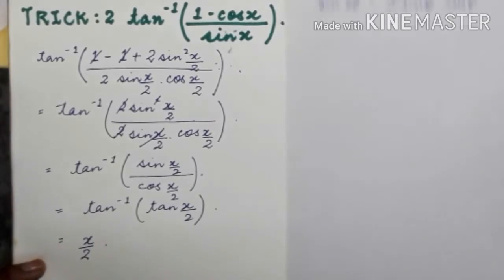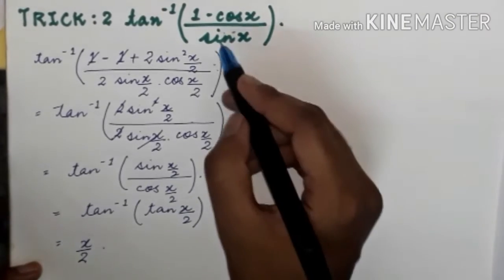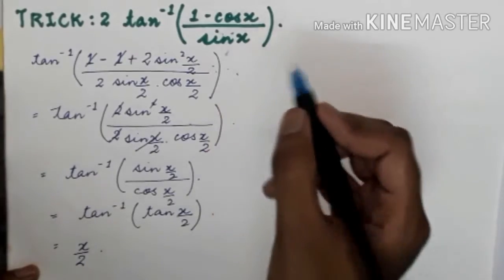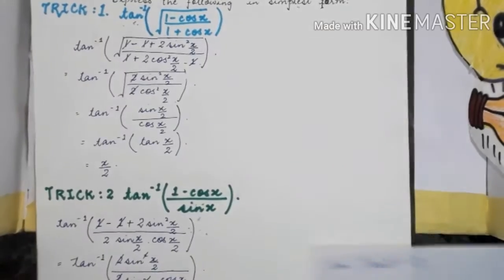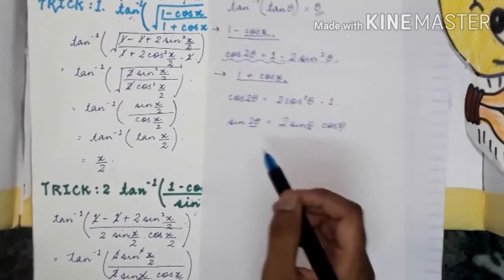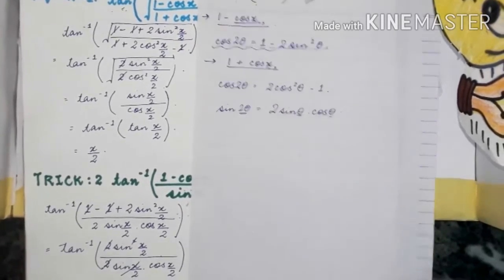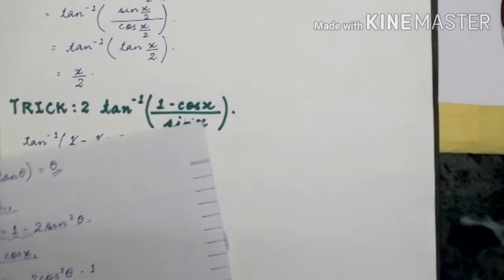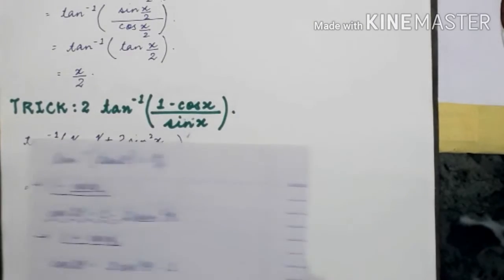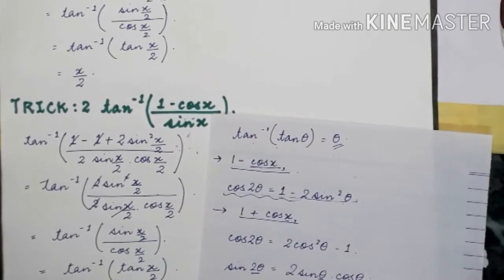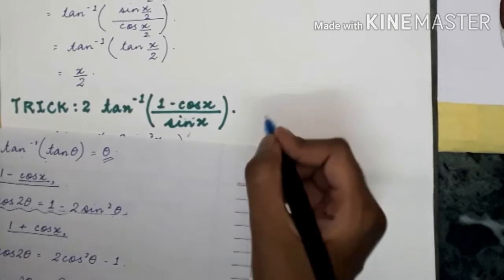Now see, in place of 1 minus cos x, if you have got 1 plus cos x, then which formula you will put? This one in place of this cos x. Let me tell you, you have to proceed just the same way. There is a single difference.